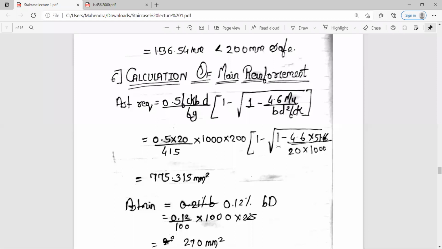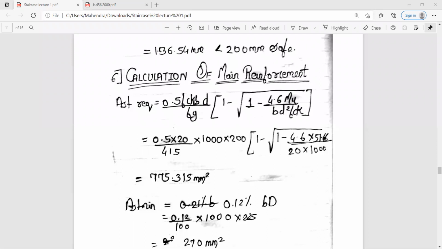Here also you have to assume the value of B as 1000 only. The value of FCK is 20 as the grade is 20, and the value of Fy is 415 as the grade of the steel given to you is 415.